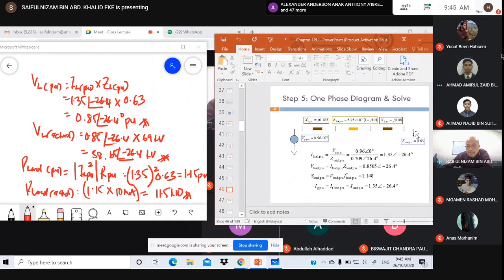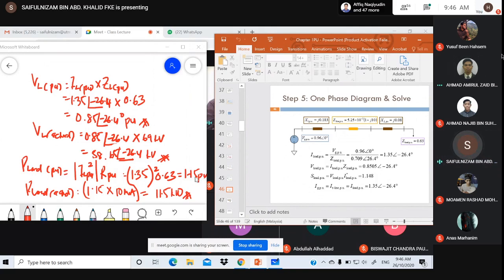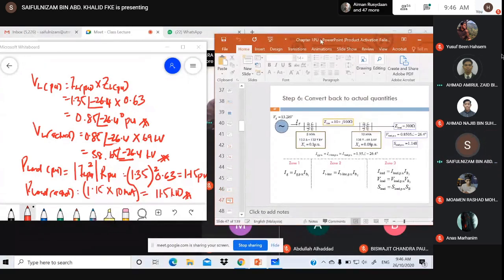Since this is purely resistive, the base MVA, the apparent power, is equal to the real power, right? You get 1.15, then multiply with the base power to get the actual value. Any questions so far?